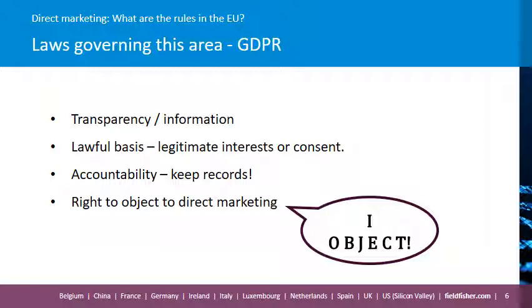Now, in the context of direct marketing activities, the most relevant legal basis that you'll be looking at will either be legitimate interests or consent, and we'll come on to consider that in a little bit more detail in the upcoming slides. The third key consideration is that of accountability.